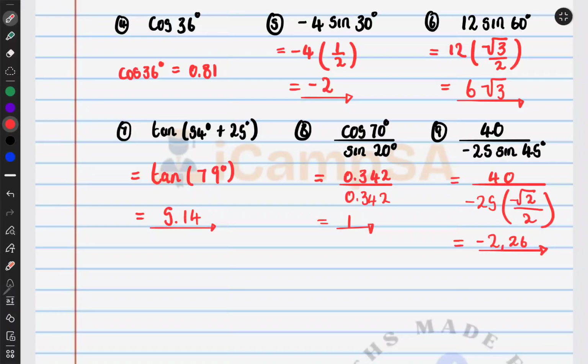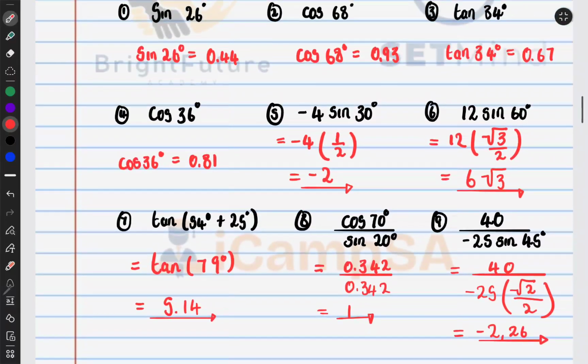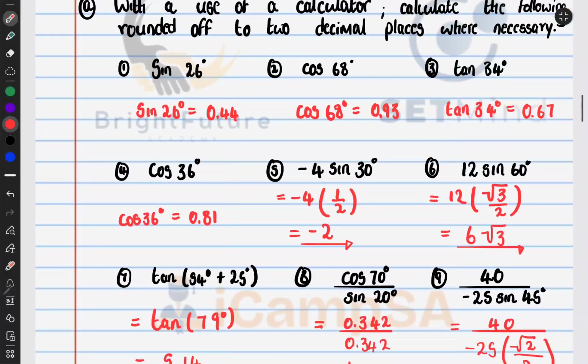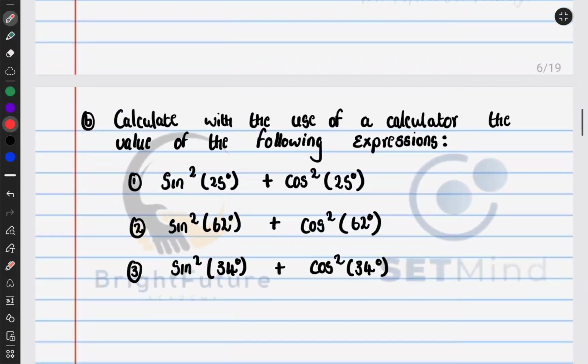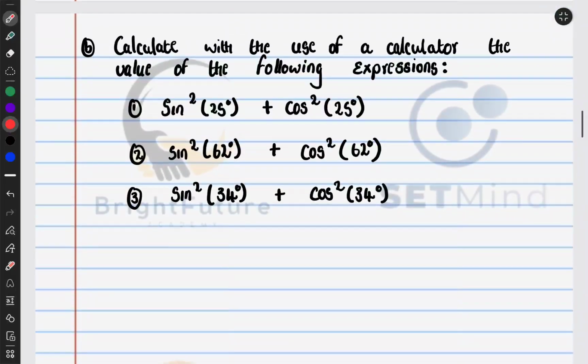So these types of questions are actually pretty straightforward, because you just go to your calculator and you punch what you are given. Let's go to number B of this example.